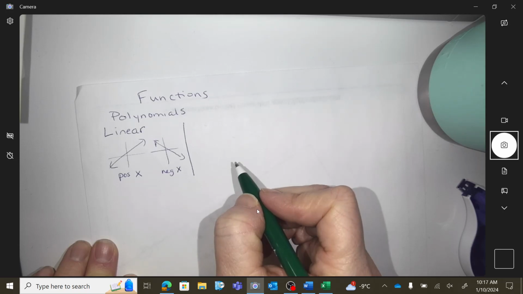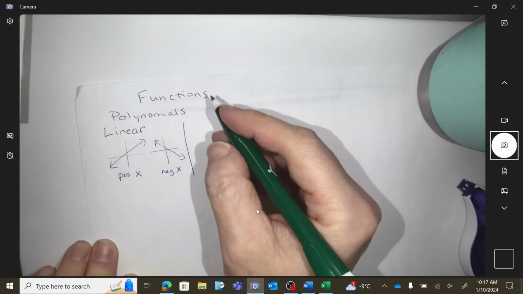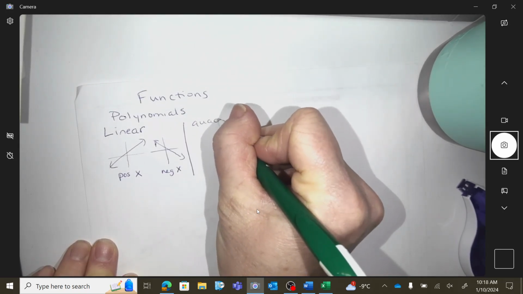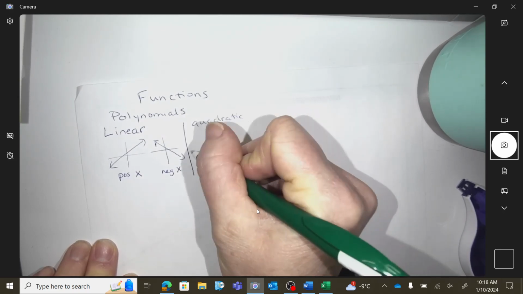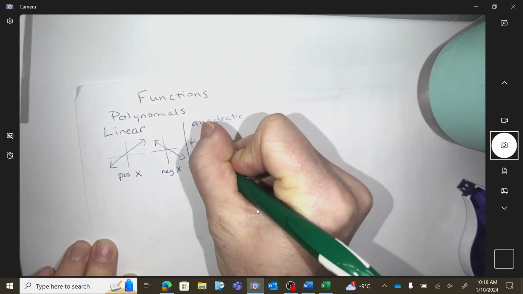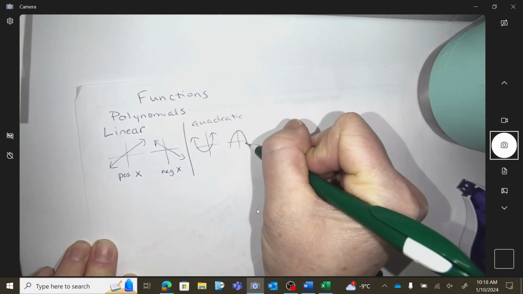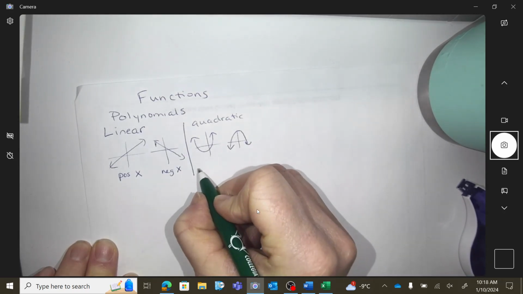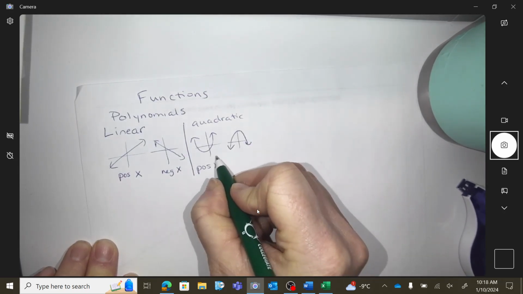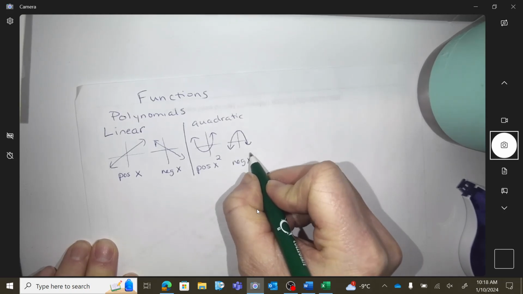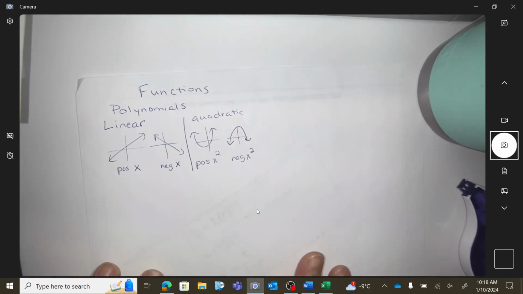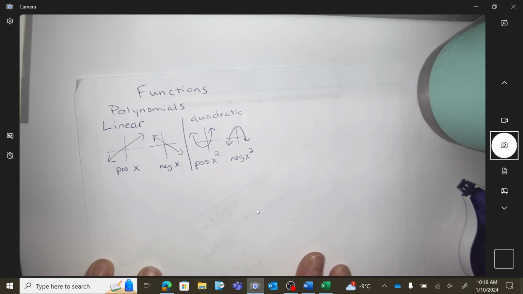What's the name of the next one? Quadratic. Do I have to write cheat sheet notes about domain and range?